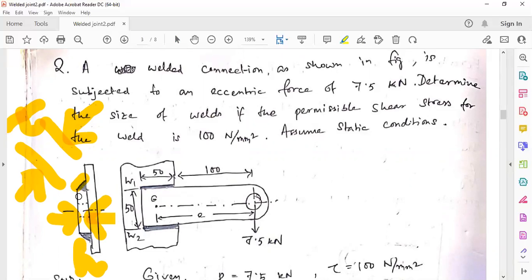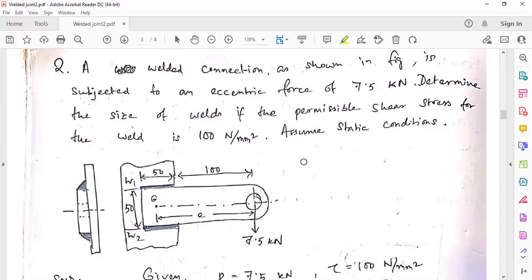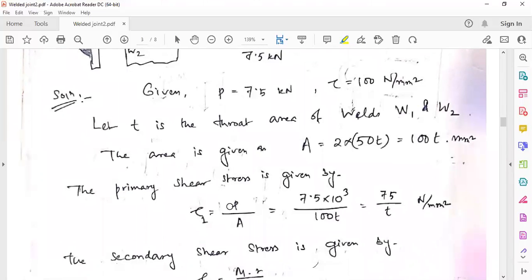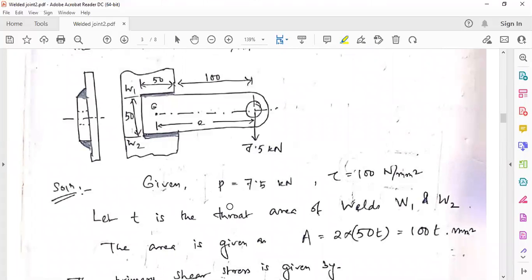Understood? This part is h and this part is t. So that is what we find out here. We have to find out that h part. This is h, this is h. You can see this small triangle, perpendicular and base both are denoted as small h, and in this the hypotenuse is t. First we'll get the h, then we'll get the hypotenuse part.